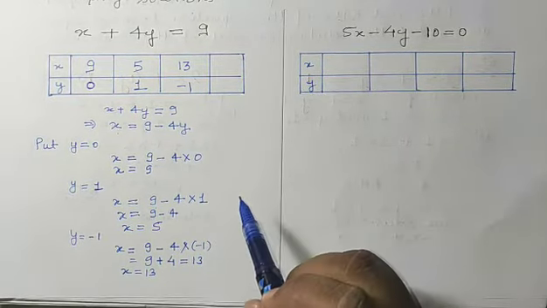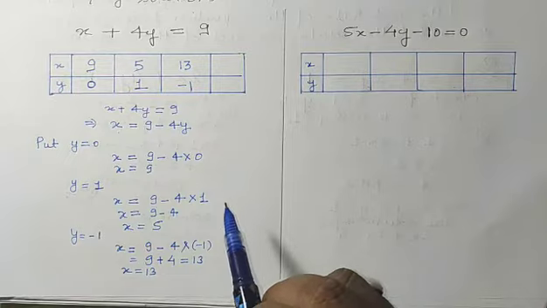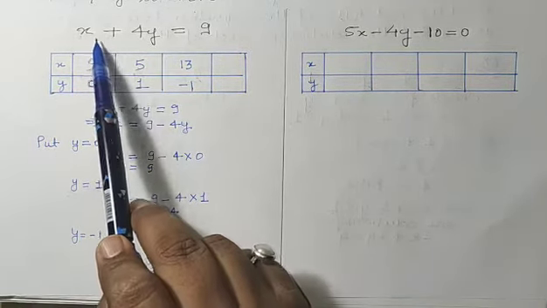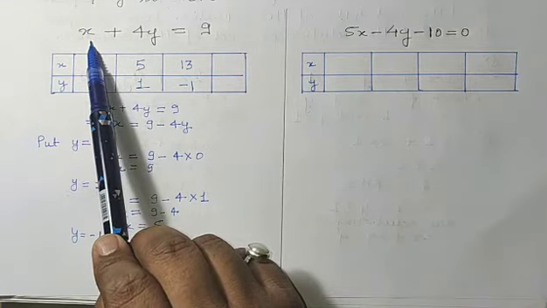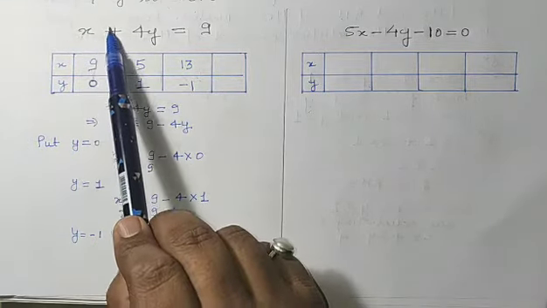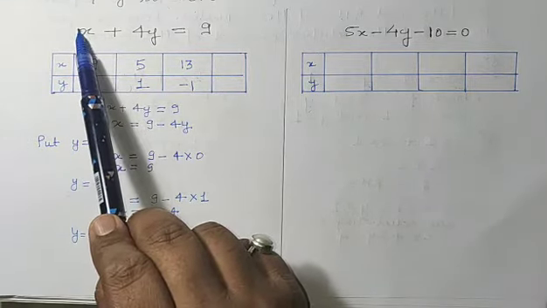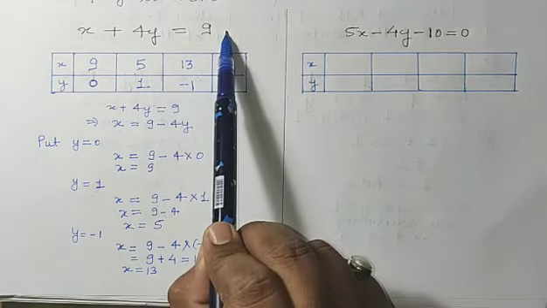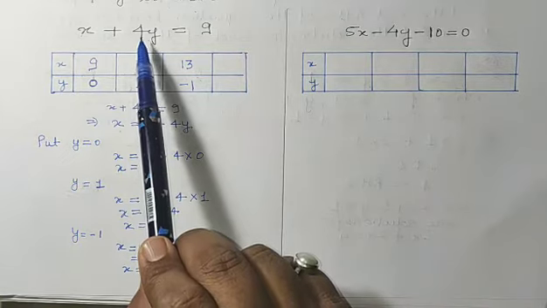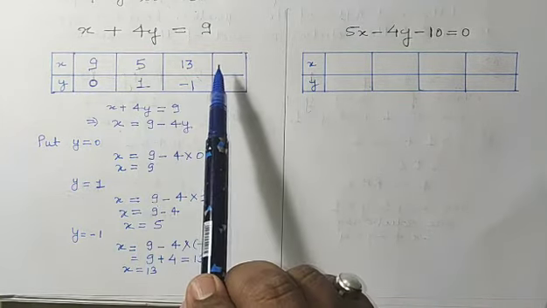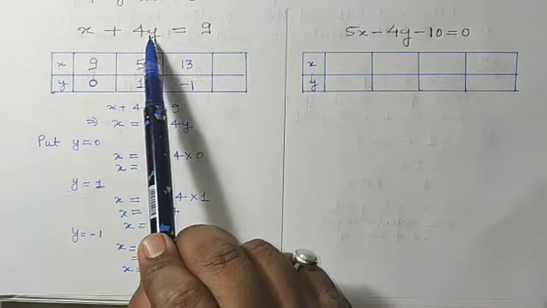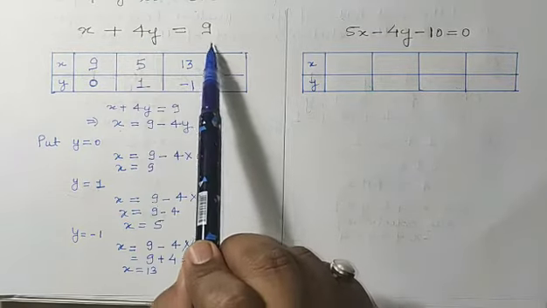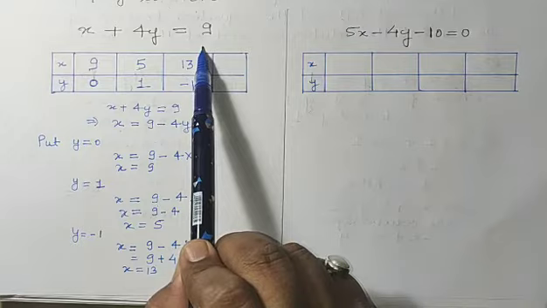Okay, and one more solution we can find directly. How directly? Just see, if we put the value of x as 0, then this term is 0. Then what is left? 4y is equal to 9. And if we shift this 4 to the right hand side, since it is multiplied by 4, it will divide this 9, na?